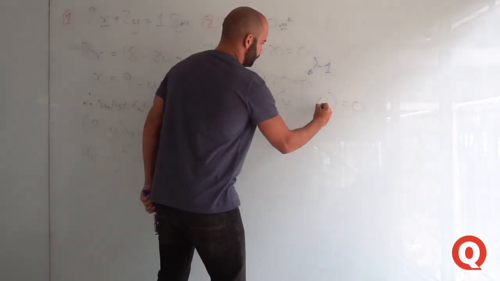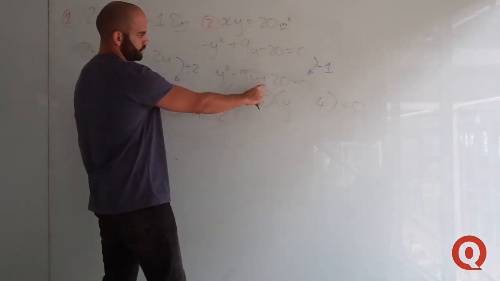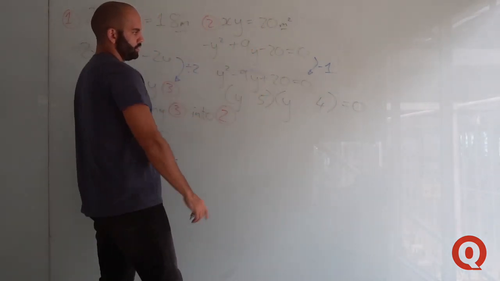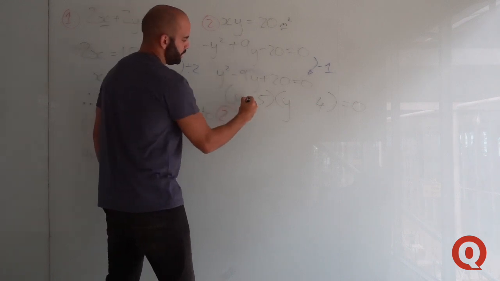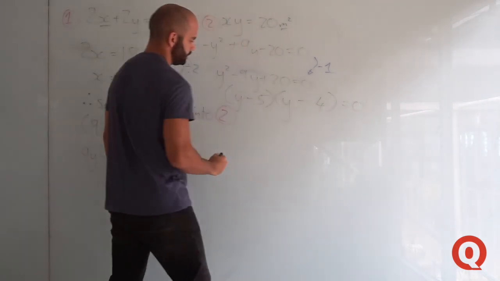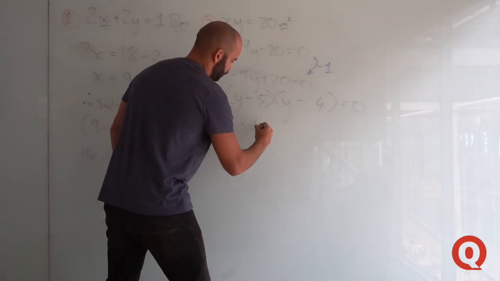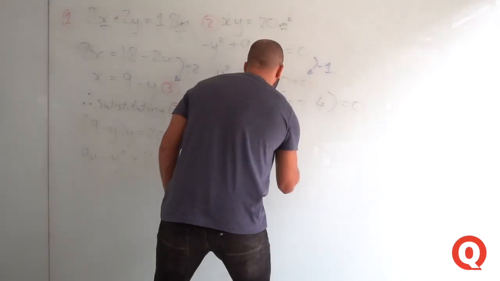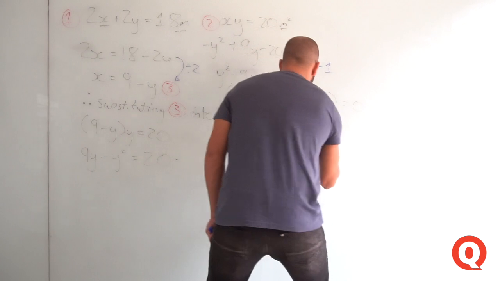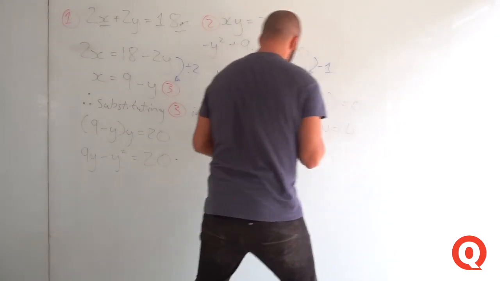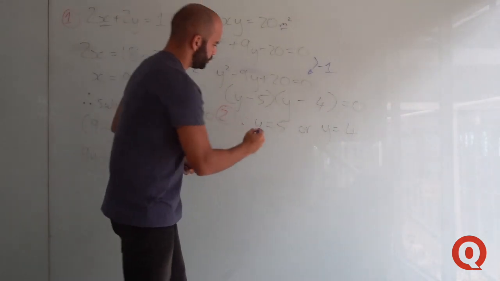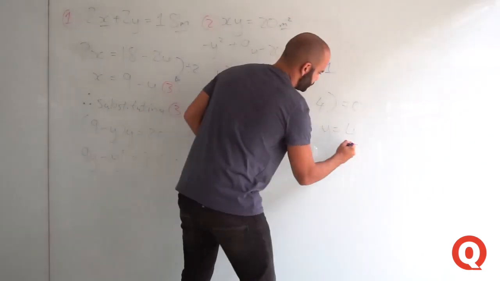So you've got 5, you've got 4. You know that your C term needs to be positive, so both the signs need to be the same. And you've got a negative term for your B, so you've got minus and minus. Therefore, y must be equal to 5, or y must be equal to 4. So now you've got your two possible solutions.